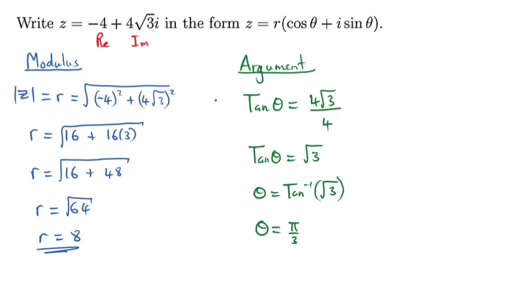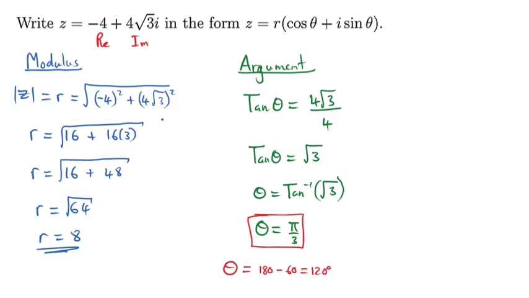So in which quadrant do we find x to be negative and y to be positive? That's the second quadrant. So if we're in the second quadrant, it means that to find our actual θ, because this is just a reference angle, our actual θ will be found by saying 180 minus the angle that you have, which is 60 degrees. If I subtract these two, I'll get 120 degrees.